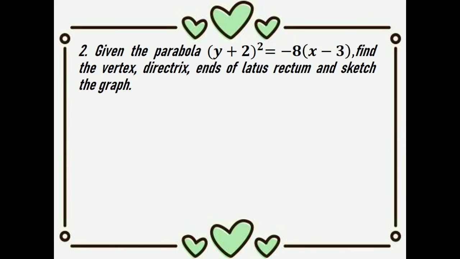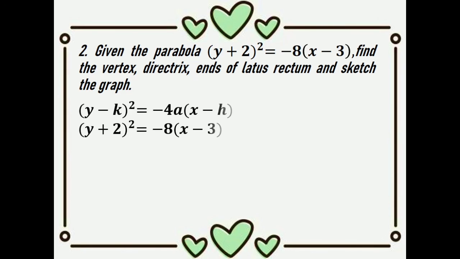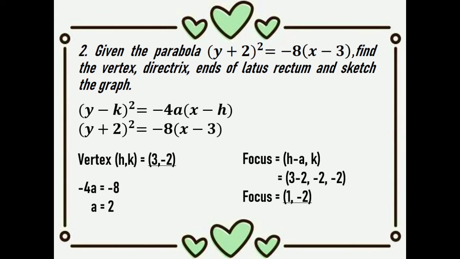Example number 2. Given the parabola (y plus 2) squared equals -8 times (x minus 3), find the vertex, focus, directrix, ends of latus rectum, and sketch the graph. First, the vertex of this equation is (3, -2). Next, let's find the value of a.